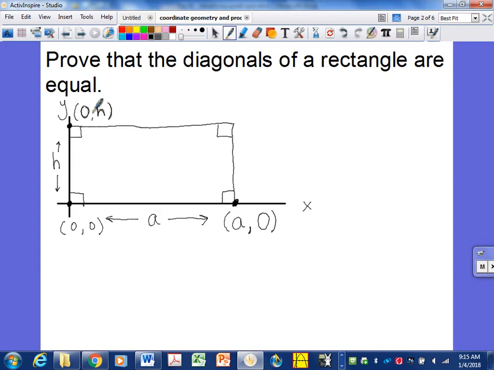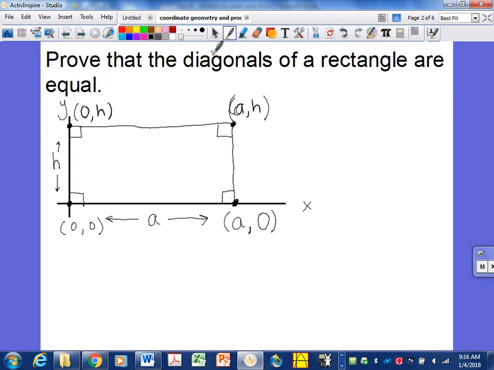Remember, X goes horizontally, we've gone nothing. So we've gone 0 to the right and H units up. It is 0, H. Then what are the coordinates of this point out here? A, comma H. We've gone A units to the right and H units up. So this has 2 letters and no zeros.